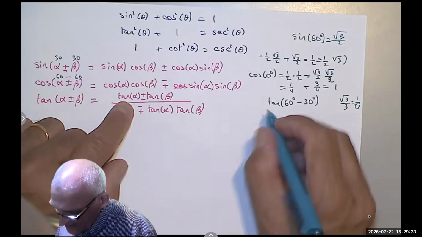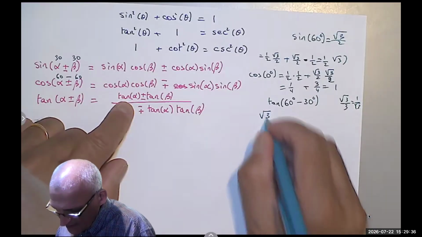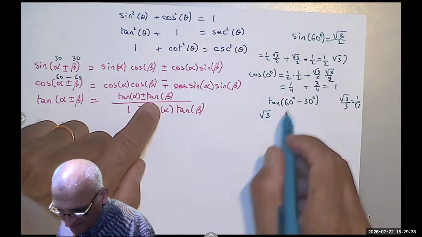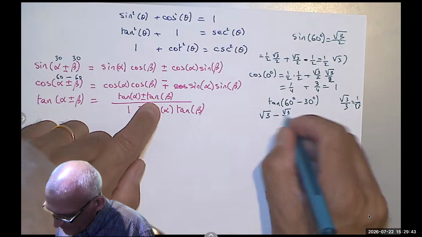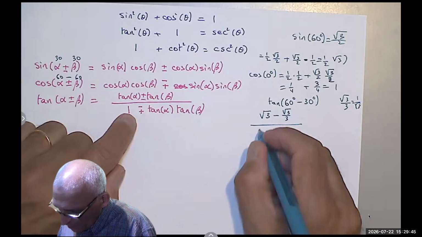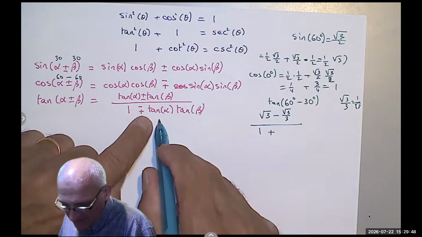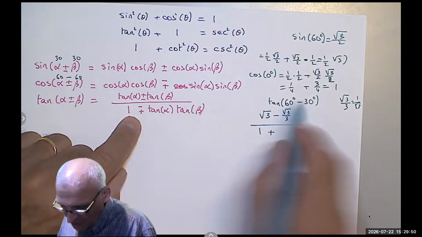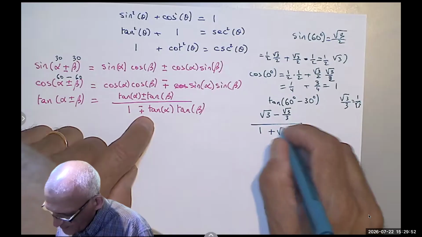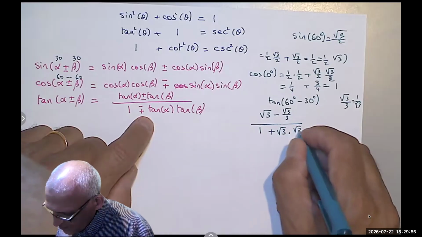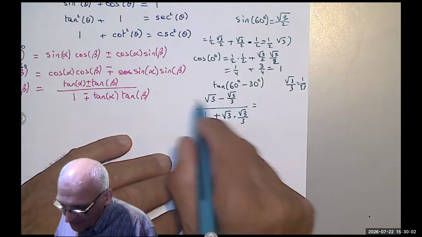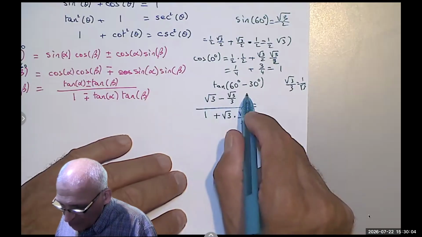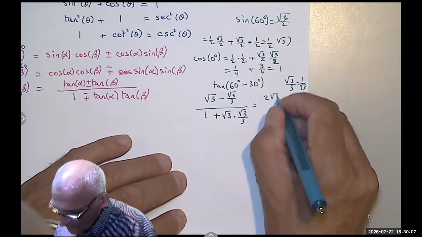So I say tan 60, which is √3, minus tan 30, which is √3/3, divided by 1 plus, because I'm subtracting here so I make it plus in the denominator, √3 times √3/3. Okay? So the numerator is 3√3/3 minus √3/3, so it's 2√3/3.